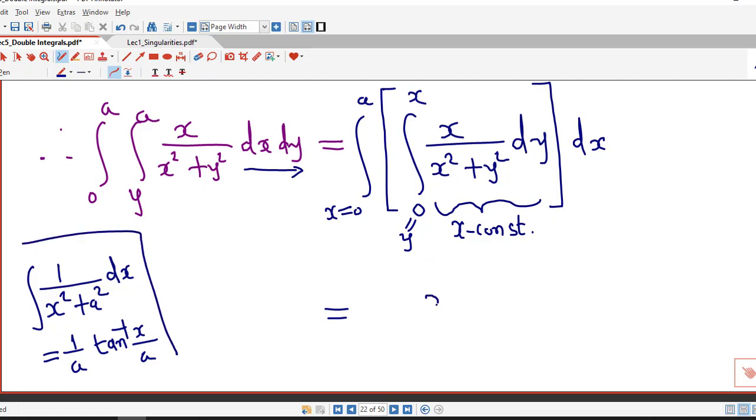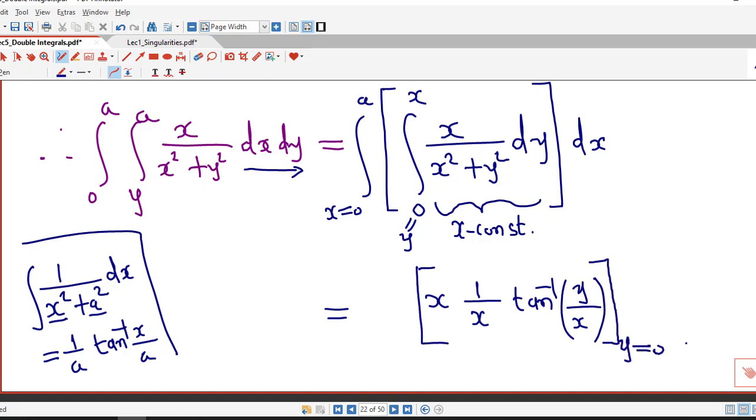So here x is constant and the variable of integration is y. So in place of x we have y and a is x. So this is 1 by x tan inverse of y by x, and limits of y are from 0 to x, and after putting limits we will integrate with respect to x from x equal to 0 to x equal to a.